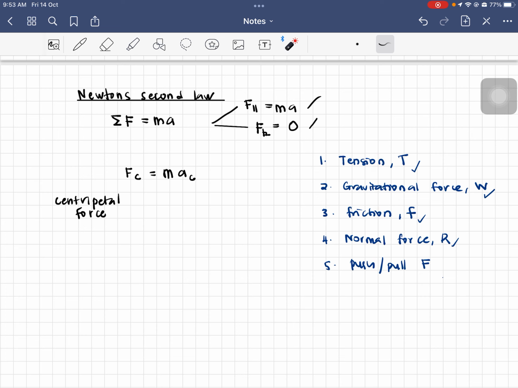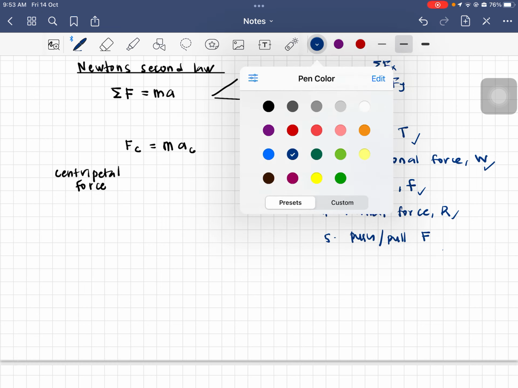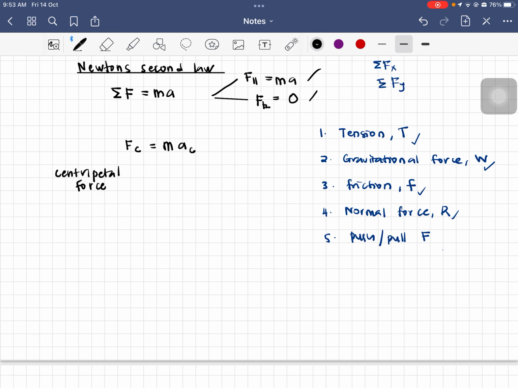We need to find the summation of force, summation of Fx, summation of Fy. Same here, you also need to find something like that. Because of AC, we have this force as F equal to AC.